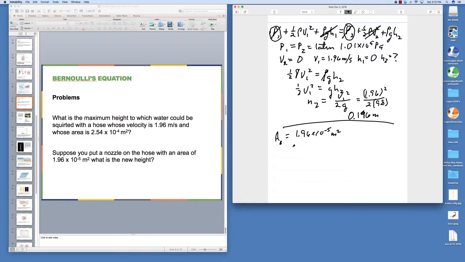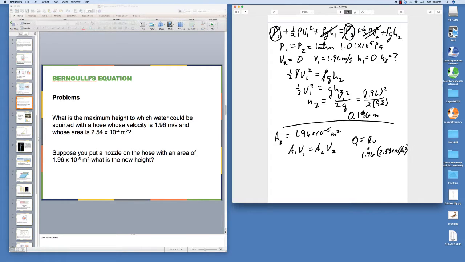And so there are two ways you can calculate this. A1 V1 is equal to A2 V2. And because we don't know A1, we don't want to have to calculate that, we can also say that Q, which we know, is equal to A times V. And so 1.96 times 2.54 times 10 to the minus 4 meters squared.